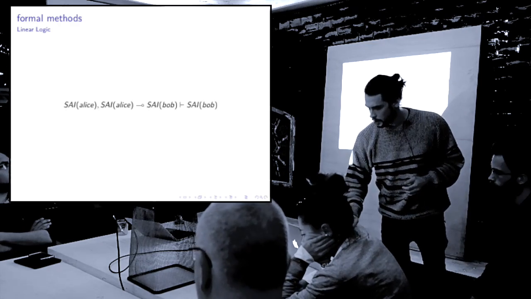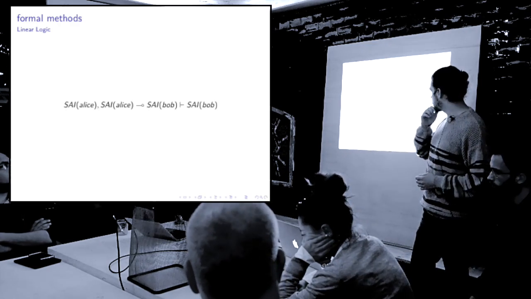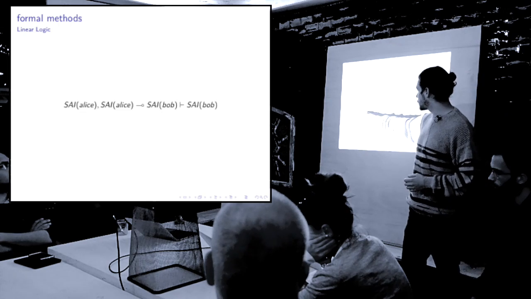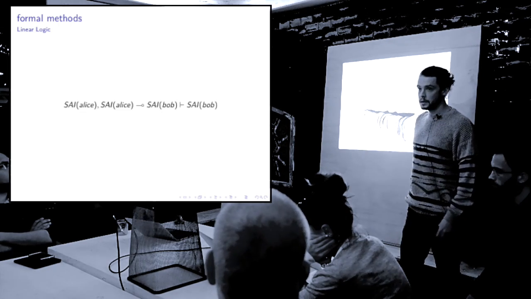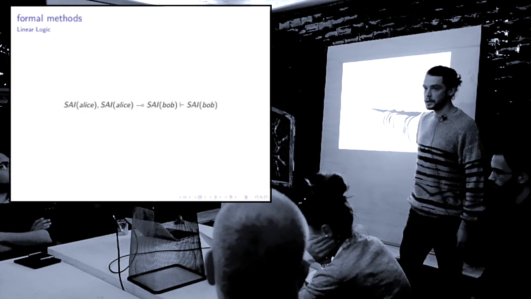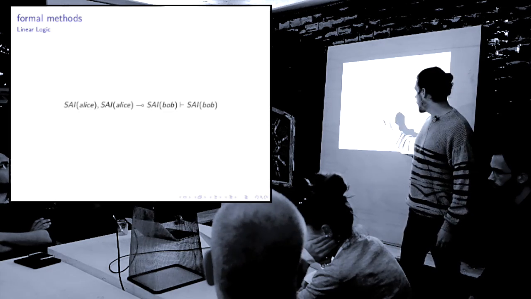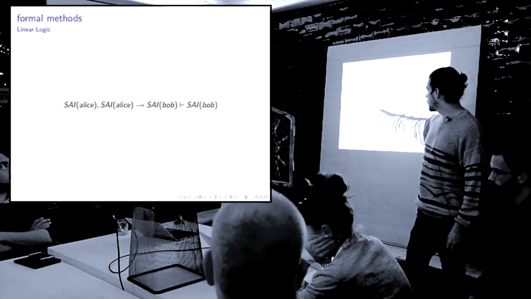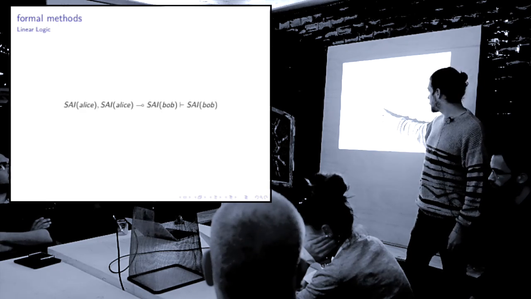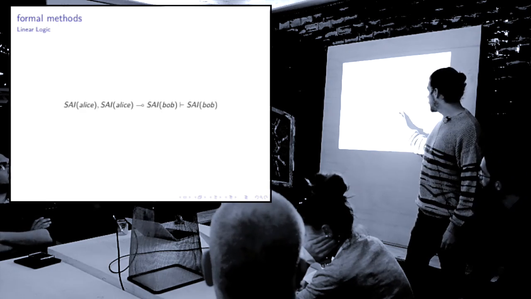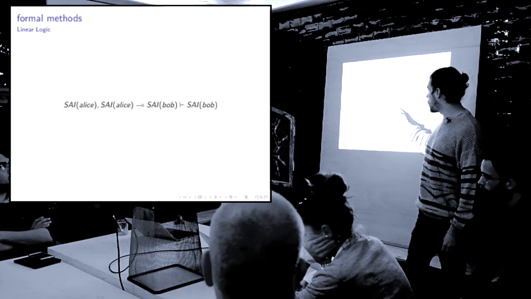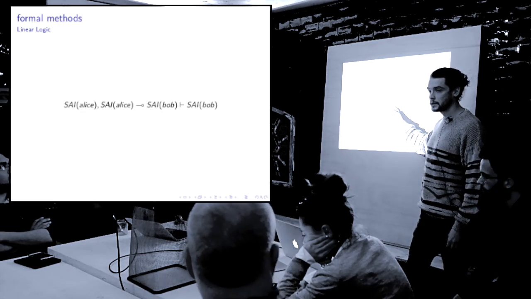A good example of how we can model states in logic is, for example, we have psi as a coin, which is parameterized by the owner. So this psi is owned by Alice. And we have a promise that if Alice owns a psi, she gives her psi to Bob, which she promised with this statement.